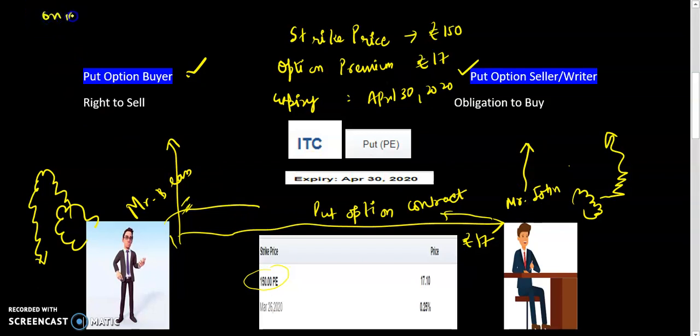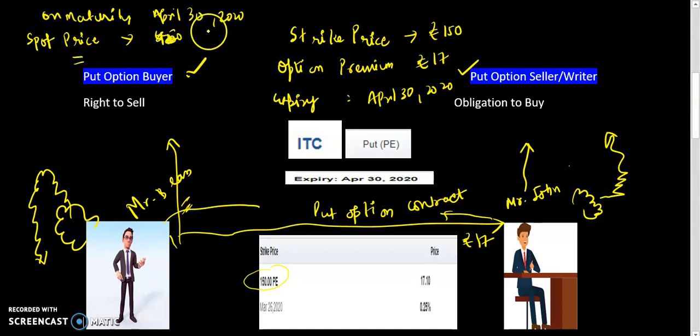On maturity, April 30, 2020, let's assume stock price, we call it spot price also, spot price of ITC happens to be 120.